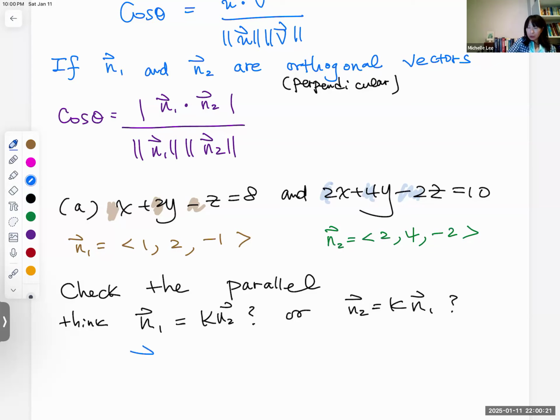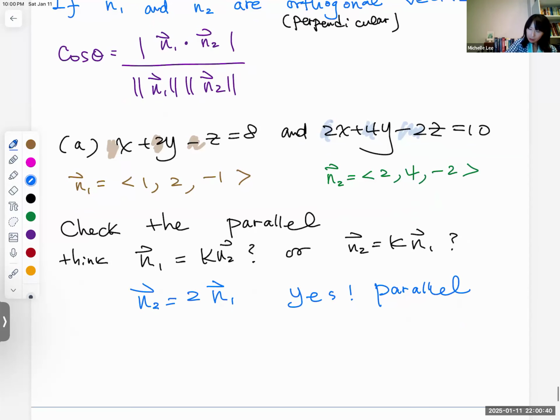N sub 2 equal to 2 times n sub 1. Very good. So yes, it's parallel. So we have 2, 4, negative 2 equal to 2 times 1, 2, negative 1.